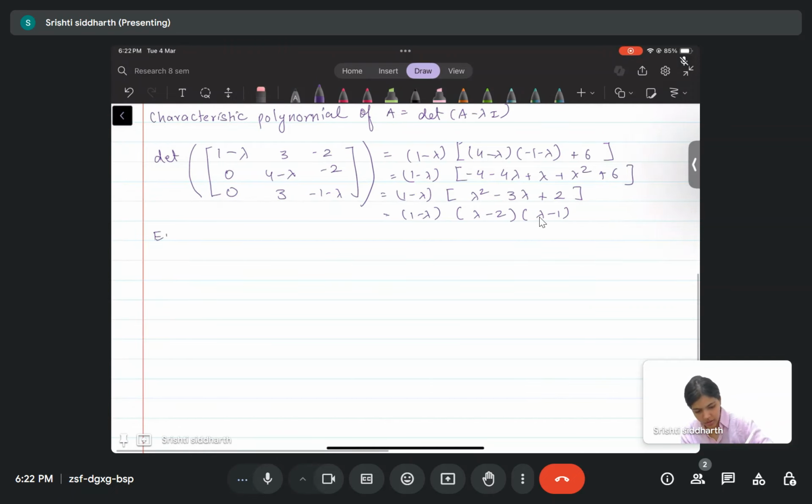So the eigenvalues are 1, 1 and 2, which implies that the matrix is not Hurwitz.